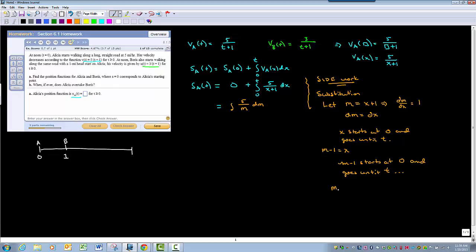So if I think about the bounds of integration here, from 0 to t, m minus 1 goes from 0 and m minus 1 goes till t, which means that m has got to go from 1 to t plus 1.